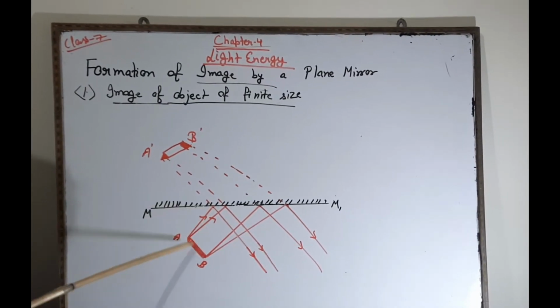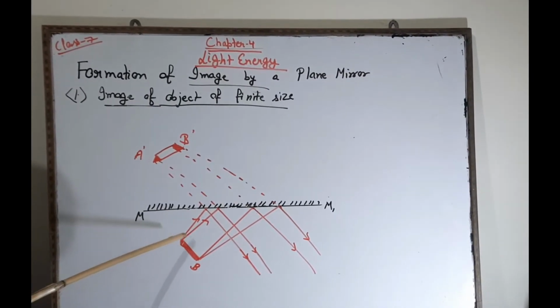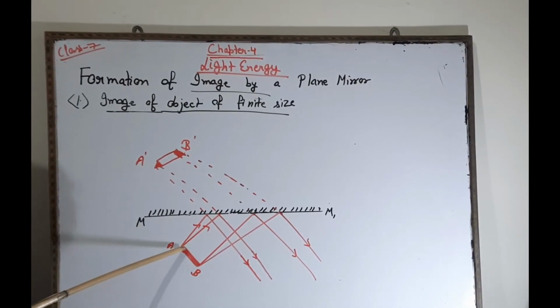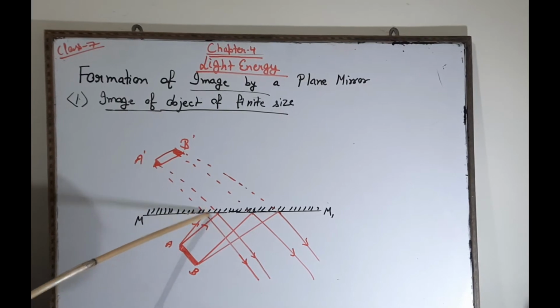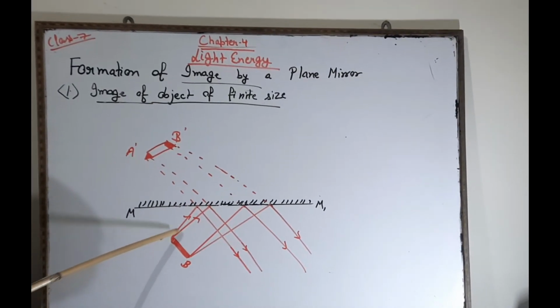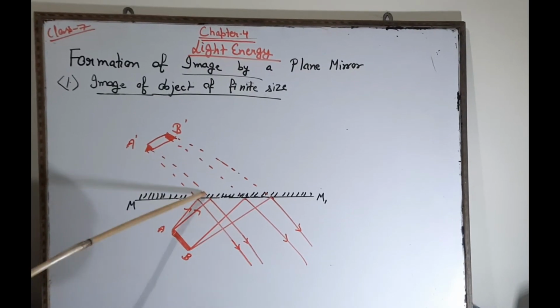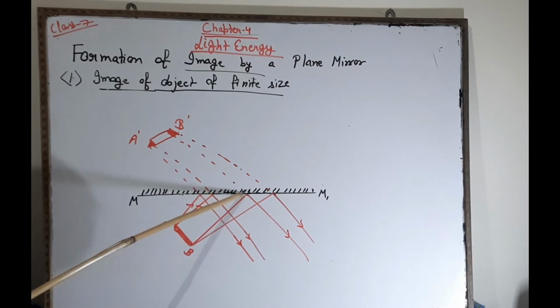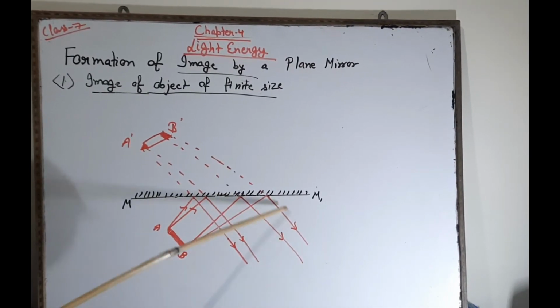These two incident rays we have taken from each extreme point, from A and also from B. For each incident ray there is also a reflected ray. From A, two incident rays show two rays of reflection. Here also from point B, two incident rays show two rays of reflection.